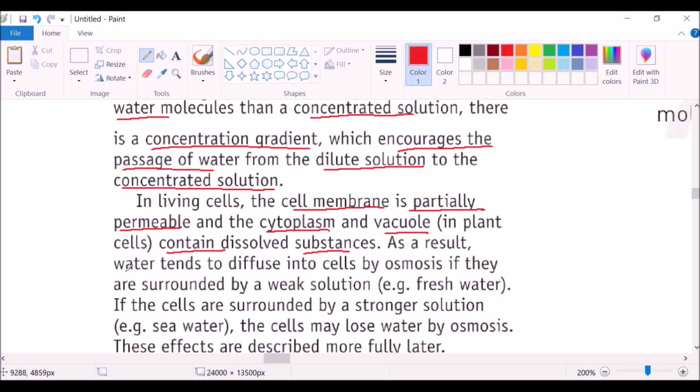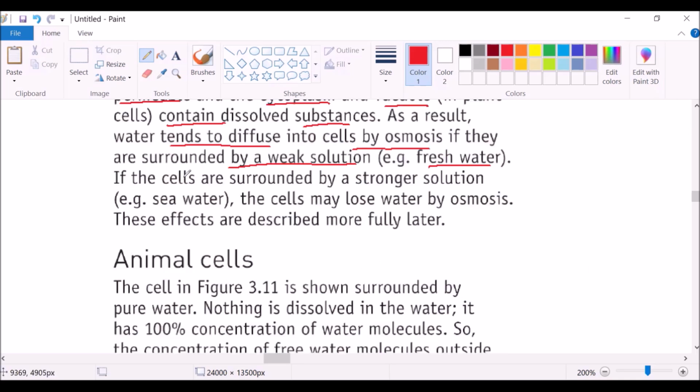As a result, water tends to diffuse into cells by osmosis if they are surrounded by a weak solution, such as fresh or pure water. If the cells are surrounded by a stronger solution, such as seawater, the cells may lose water by osmosis.